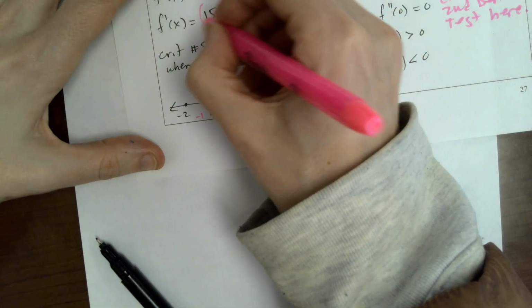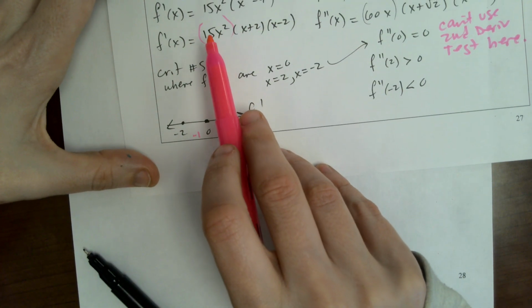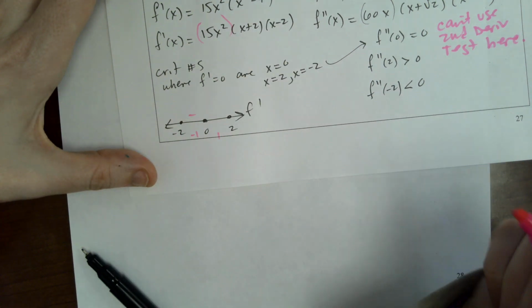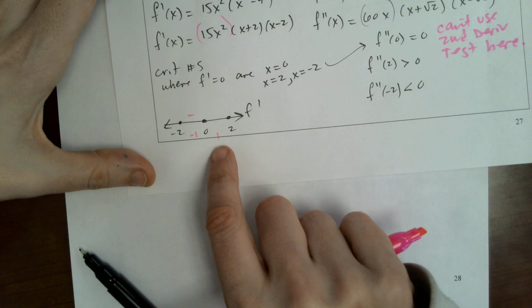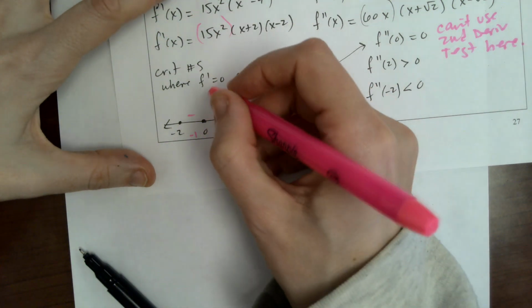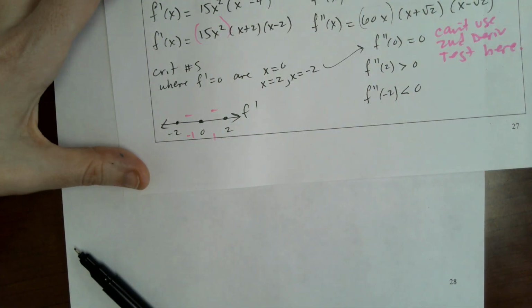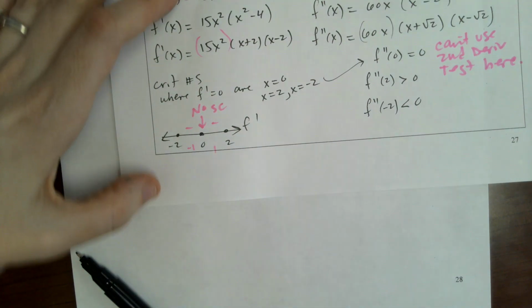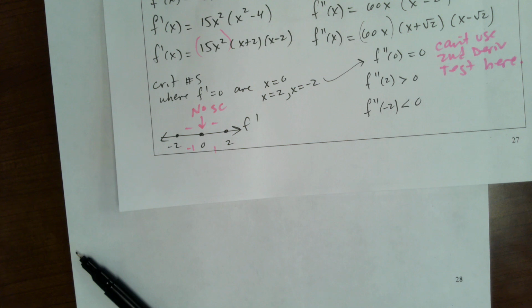I'm plugging into the first derivative, and I get a positive, positive, negative, negative outcome. Okay, plug in a 1. Positive, positive, negative, another negative outcome. Guys, no sign change. I'll say no SC for no sign change. So yeah, 0, even though there's a horizontal tangent there, I'm not seeing a sign change on f prime, so that does not correspond to any type of extrema.